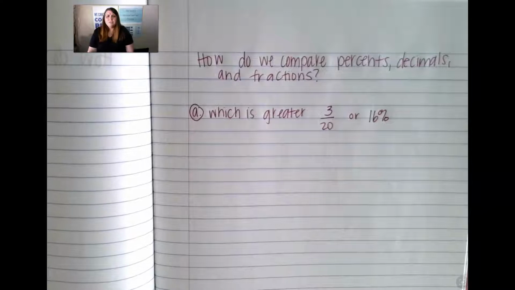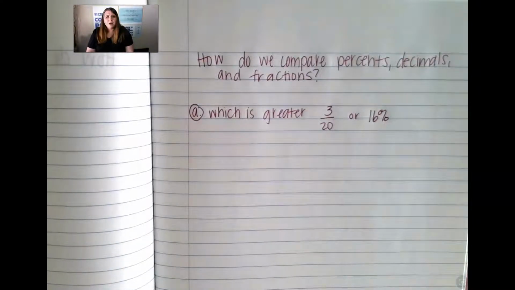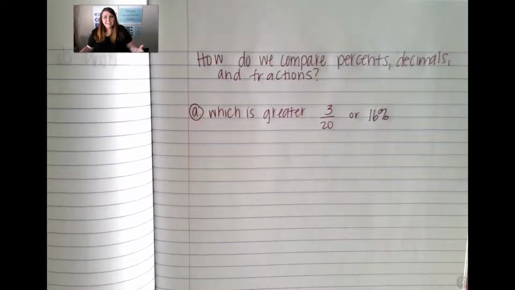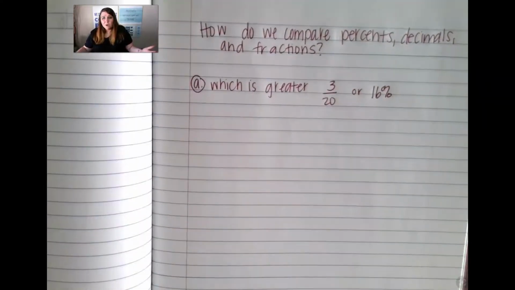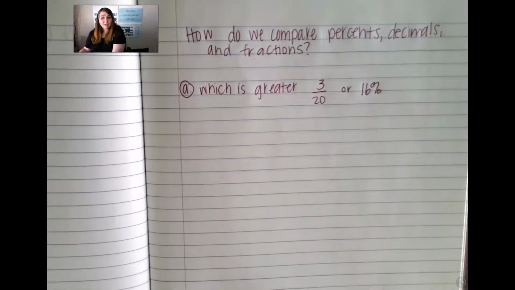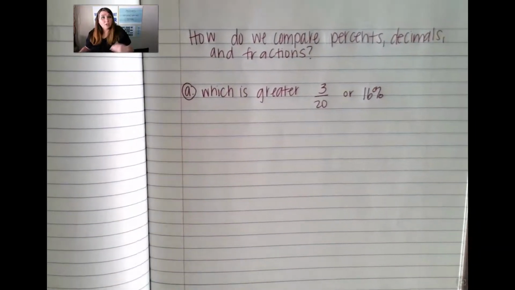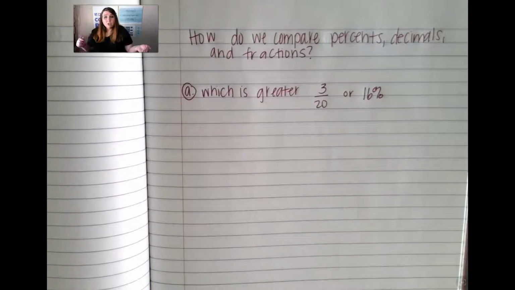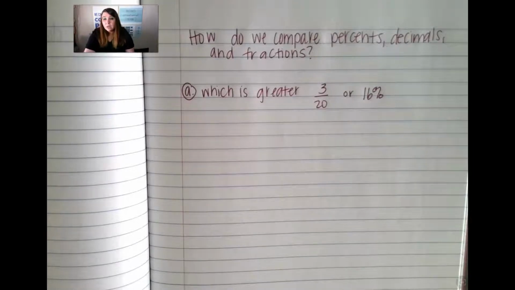When I first look at this, it's really hard to decide which one is greater because they're in two different forms. One is a percentage and the other is a fraction. So we're going to use what we learned in previous lessons to create common numbers.